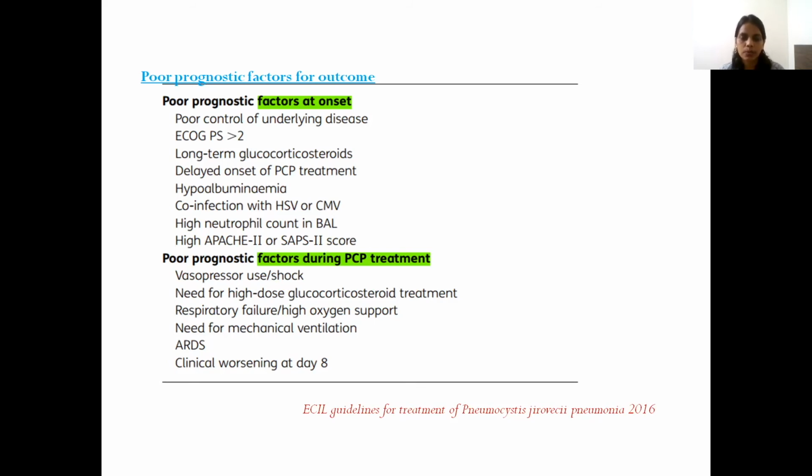Factors during PCP treatment include use of vasopressors, respiratory failure and need for mechanical ventilation, ARDS, clinical worsening at day 8, and need for high dose glucocorticoid treatment.